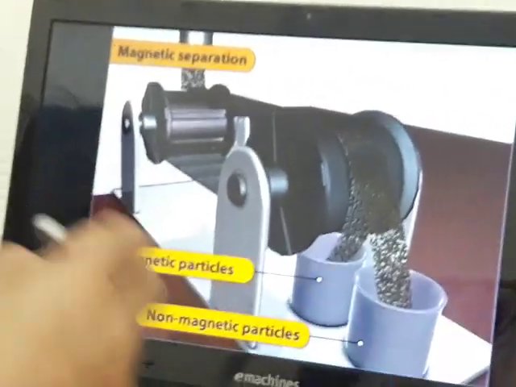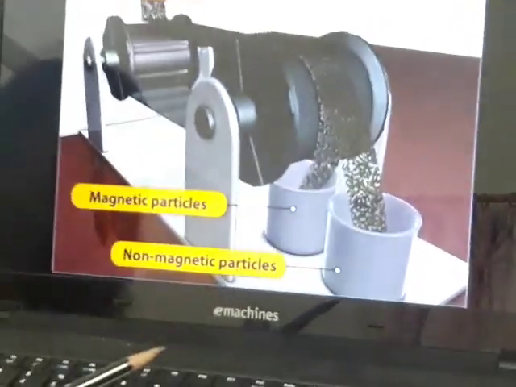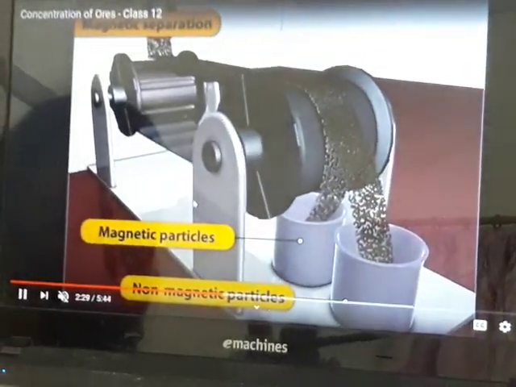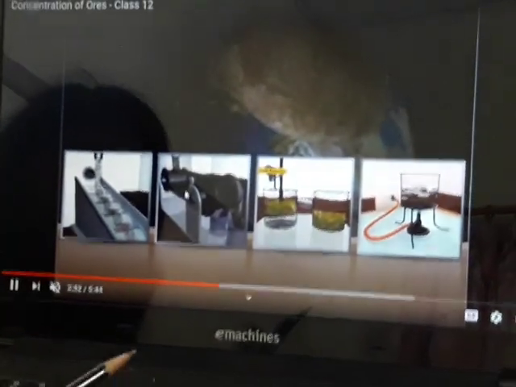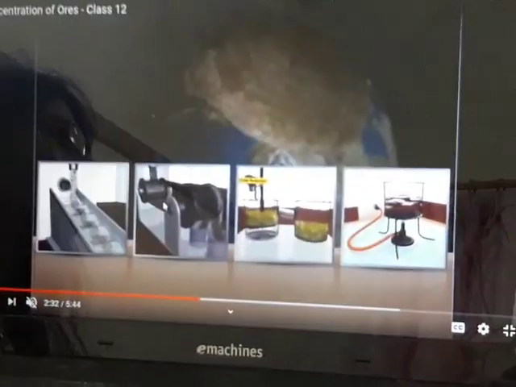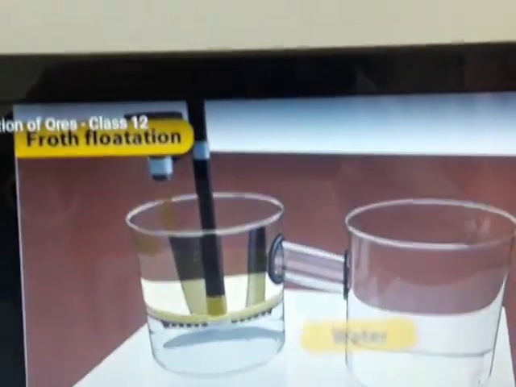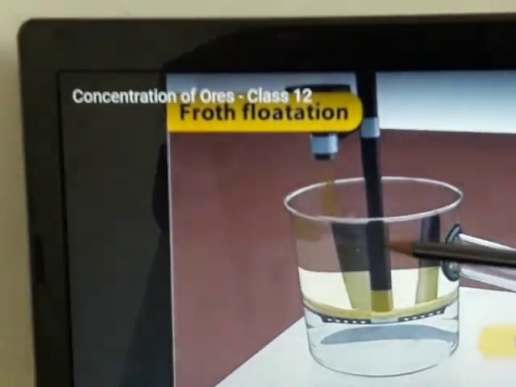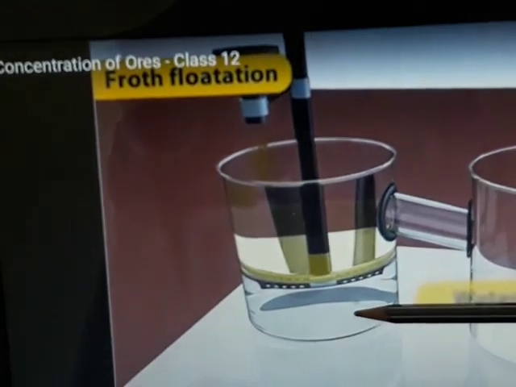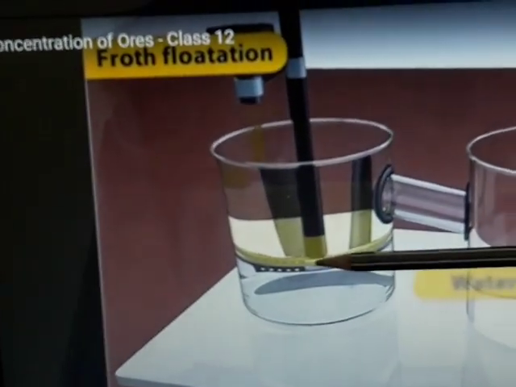Now children, next is froth flotation. Here we will have one container which has water and oil in it.